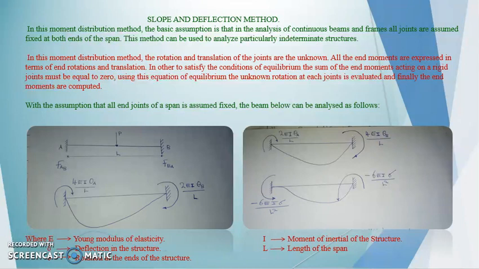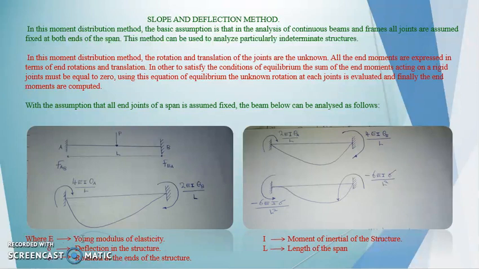be analyzed as follows. The rotation occurring at this end is 4EI theta A over L, and the rotation occurring here is 2EI theta B over L, and at this joint you have this, and this. It's actually a standard.